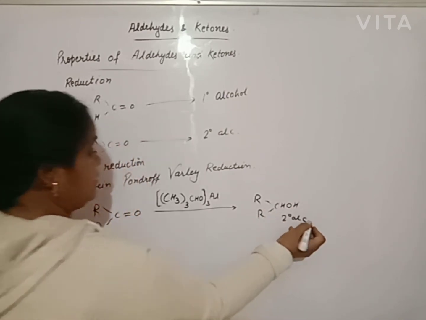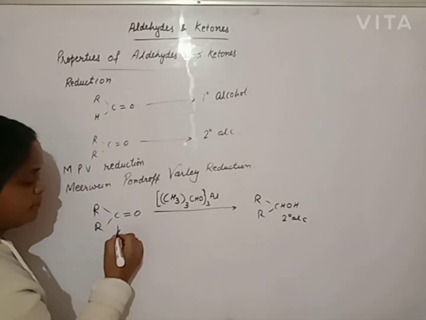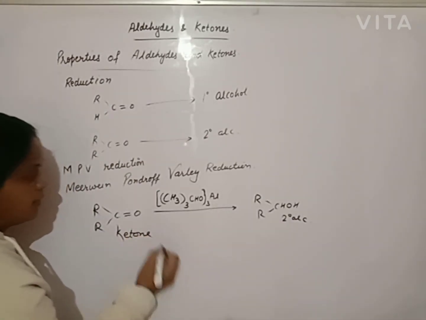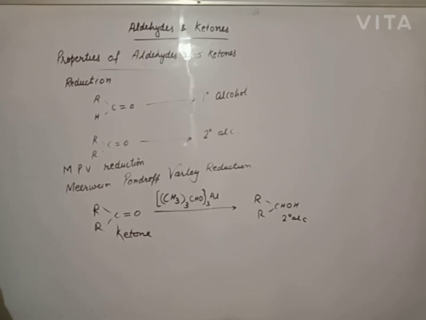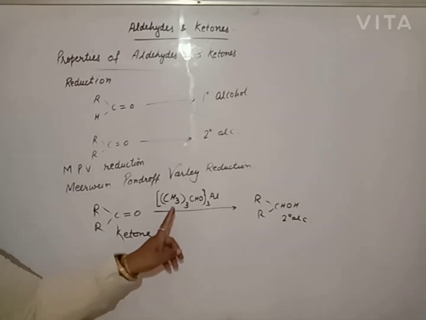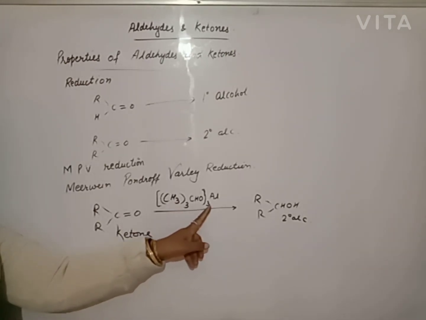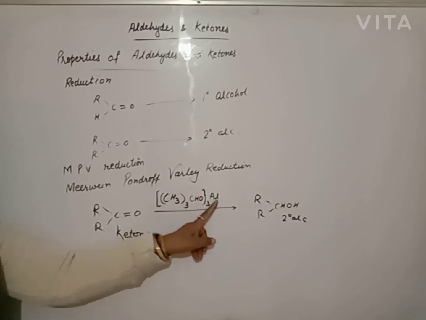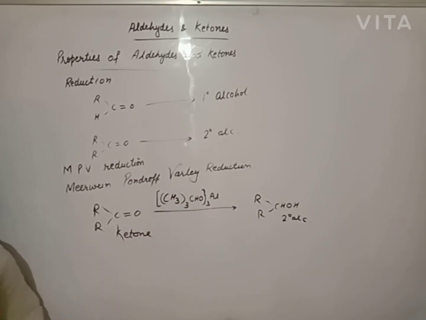That means ketone is reduced to secondary alcohol under the influence of aluminium tri-tertiary butoxide.